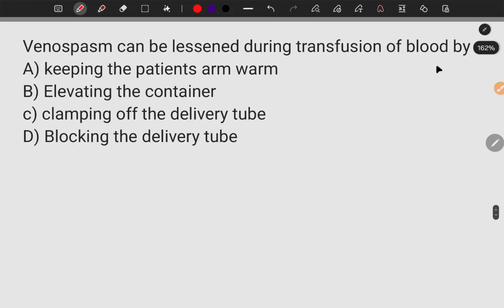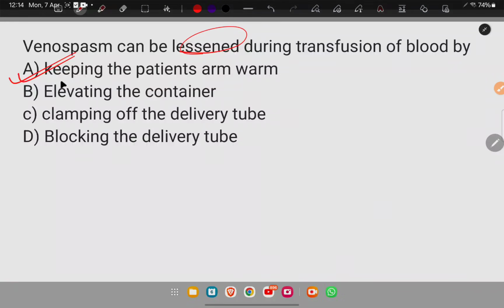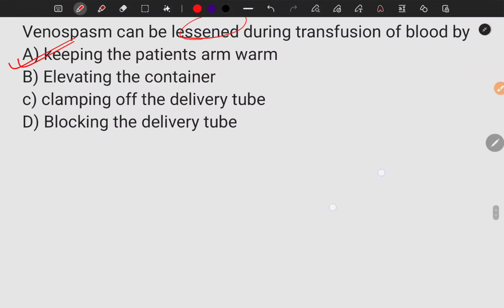While giving a transfusion, venous spasm can be lessened by how? Keeping the patient's arm warm, elevating the container, clamping the delivery tube, blocking the delivery tube. Vasospasm is a contraction or spasm of the vein as a protective mechanism, which occurs after infusion of cold or irritating substances into the vein during blood transfusion. For that you have to keep the arm of the patient warm.